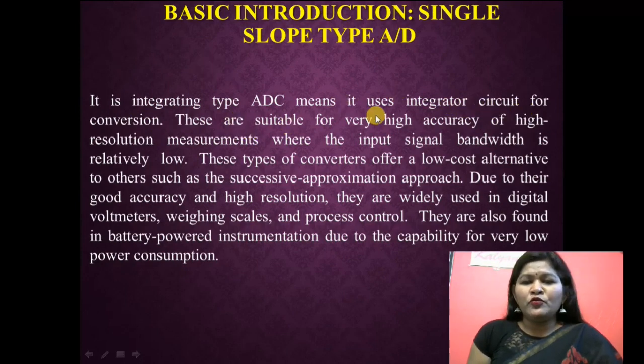These are suitable for very high accuracy, high resolution measurement where the input signal bandwidth is relatively low. This type of converter offers a lower cost than others, such as the successive approximation approach.